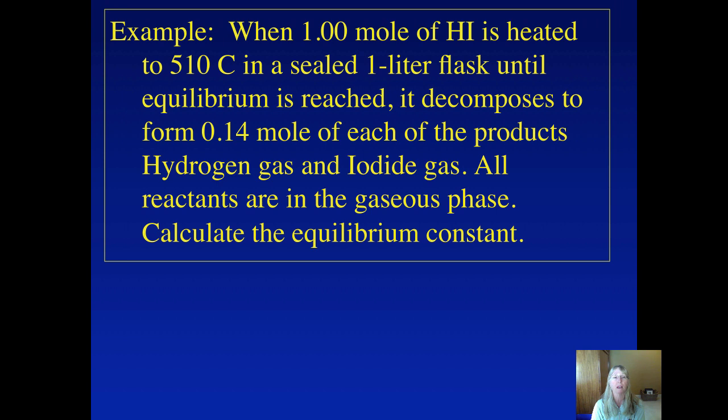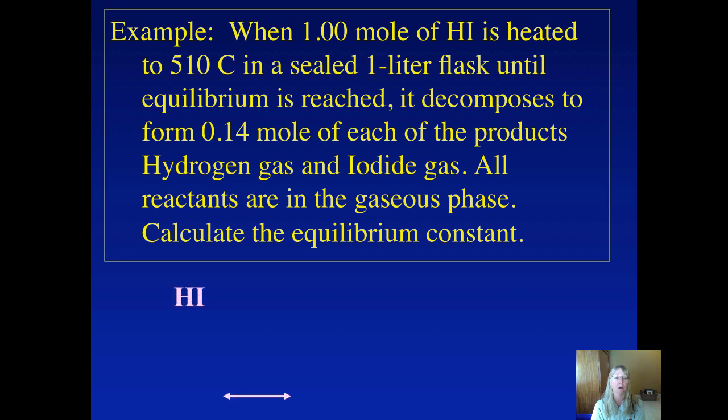One mole of hydrogen iodide gets heated. They specify the temperature because that is the only thing that can change the equilibrium constant, so you get to assume it stays at 510 degrees. They tell you that there is 0.14 moles of each of the products, hydrogen gas and iodine gas. They're all gases. Calculate the Keq.